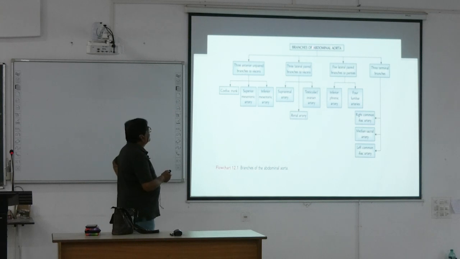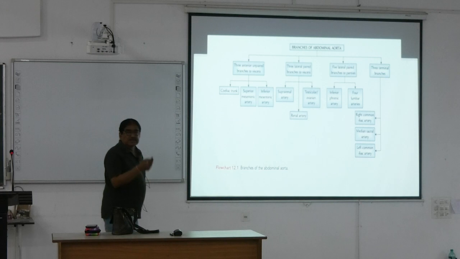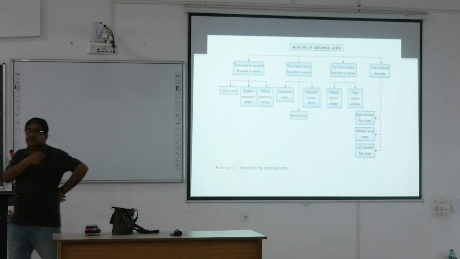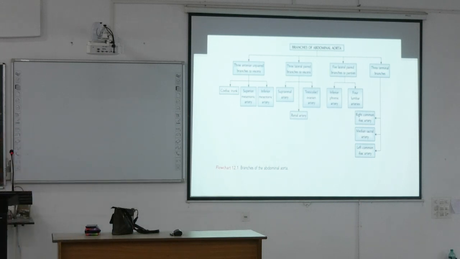Now, this is a question that can come, the branches of the abdominal aorta. All the branches which I depicted in the picture, that is formed in a flow chart. So, if you are not having time, you just draw this flow chart and you will get your marks.